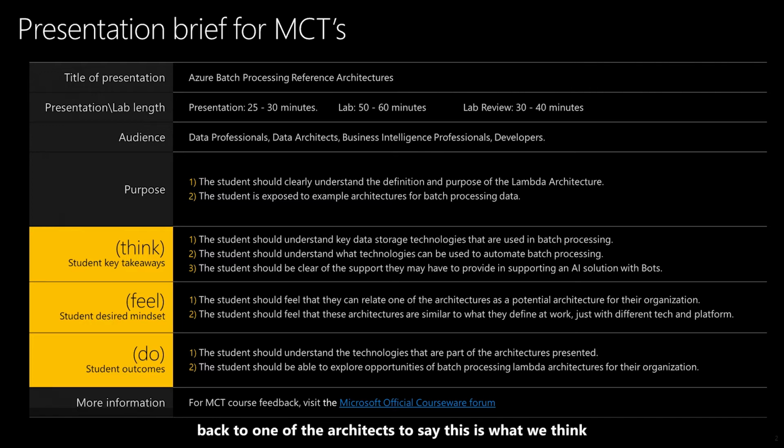Exactly, to then bring that back to one of the architects and say, this is what we think we could do. It's more like an architect advisory role almost. Yeah, almost. And the students should feel that these architectures are similar to what they've defined at work in the past. They're just using different technologies and platforms to do it in.